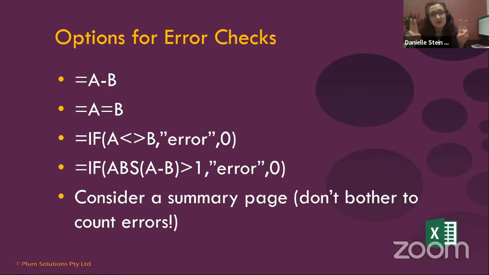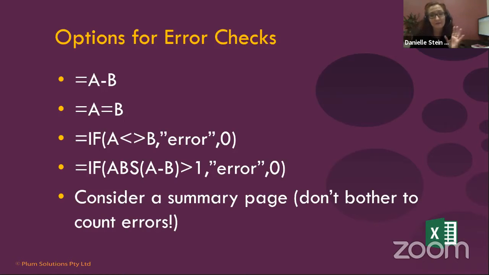If you do want to show the word error, some people like to say okay, or error, something like that, then if you use does not equal, that's a little dangerous. That can sometimes cause a false error. So I'd recommend using the absolute value of one cell minus the other is greater than 1. That will actually allow a tolerance for error.